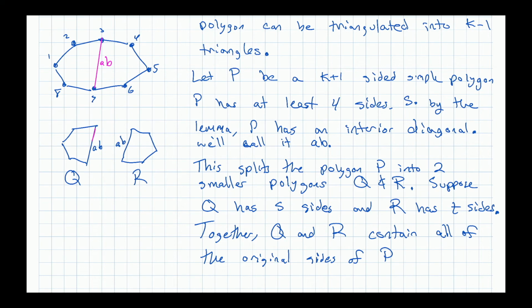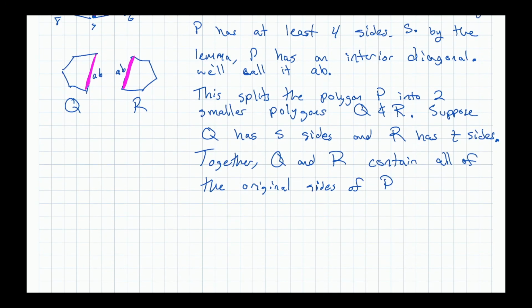They both include this new side, AB. So if you're counting up the sides, you have the number of sides of P, which was K, plus two extra sides, because AB is counted as part of Q and part of R. So Q and R contain all the original sides of P, and two more.